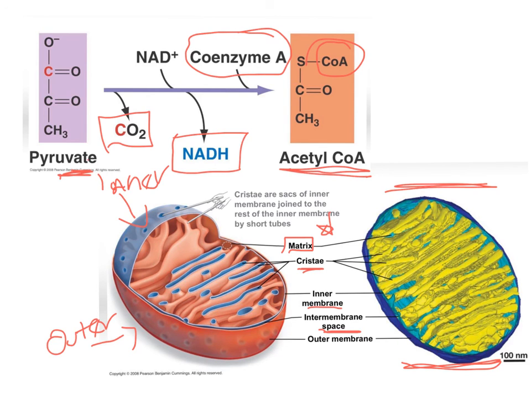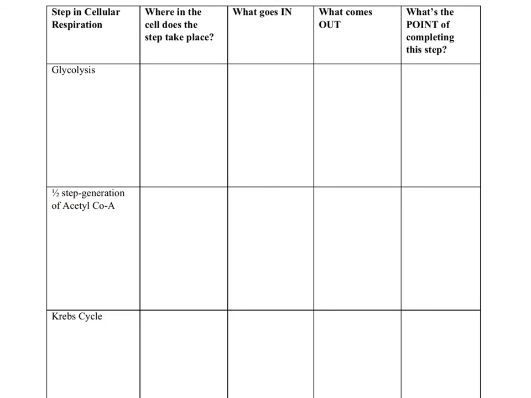And NADH is carrying those electrons. So that's what happens in this half step as we move from the glycolysis in the cytoplasm into the matrix of the mitochondria.